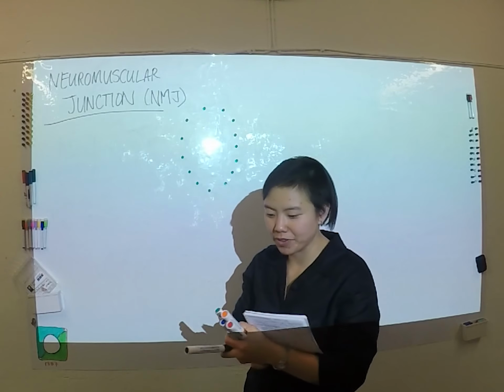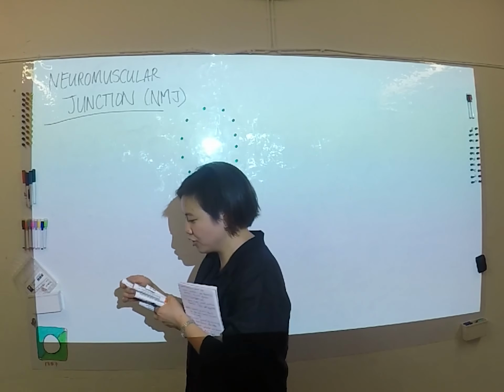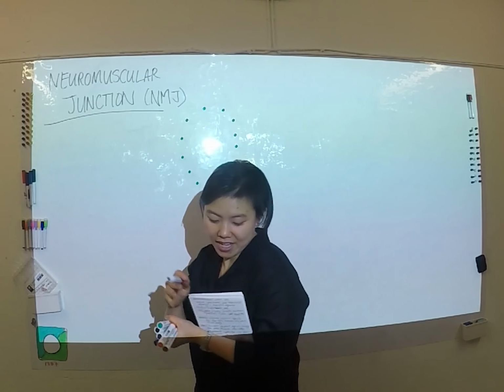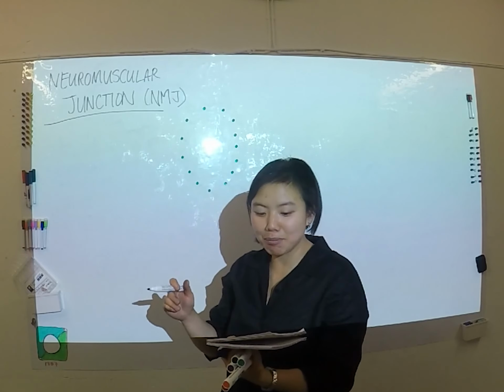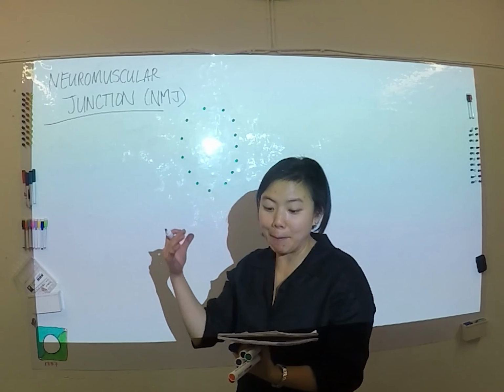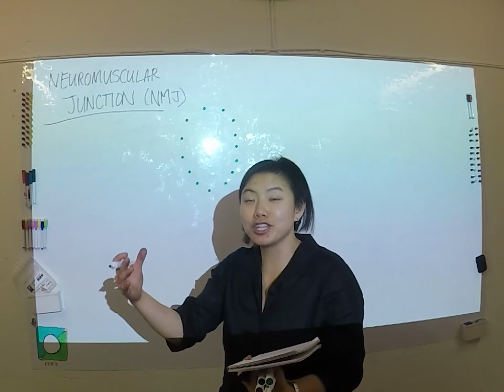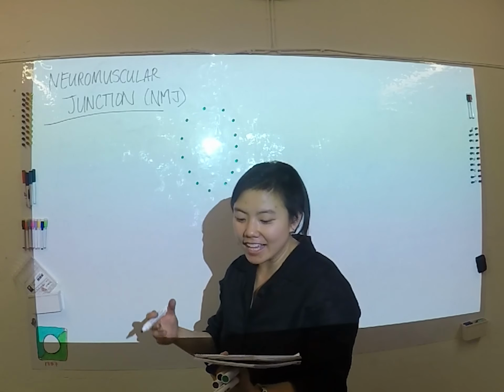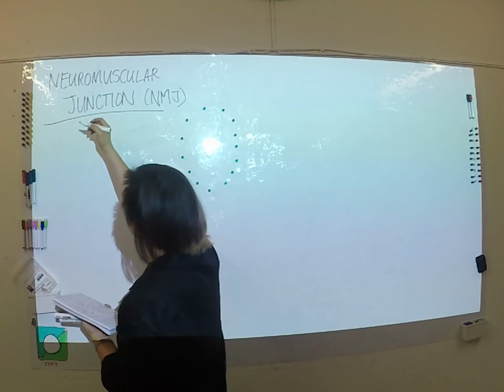So, what is the neuromuscular junction? It is the chemical synapse between a motor neuron, or multipolar neuron, and a muscle fiber, okay?